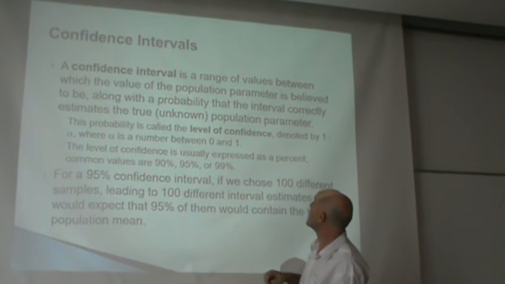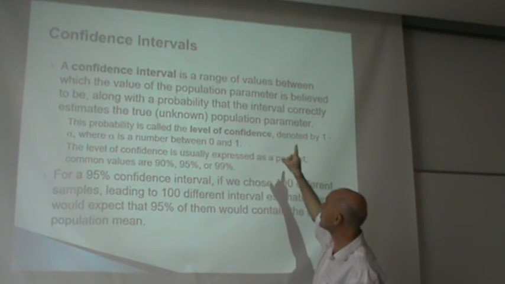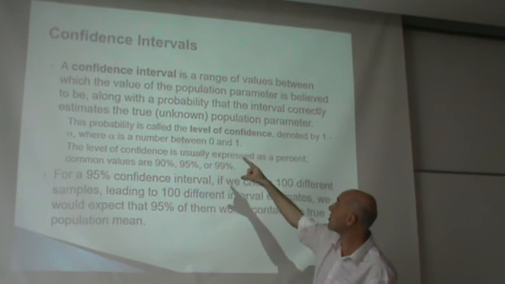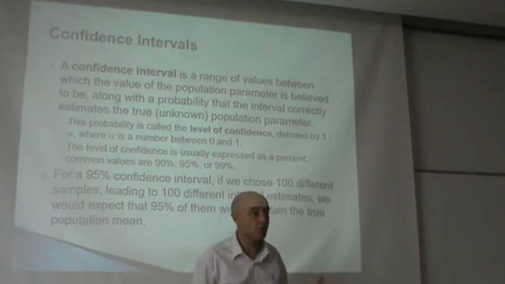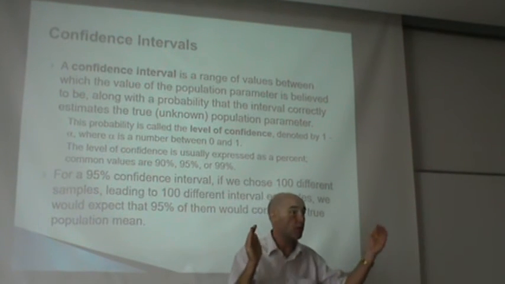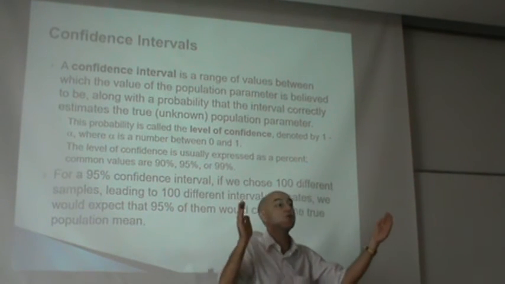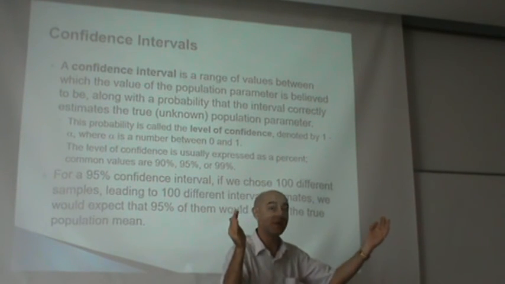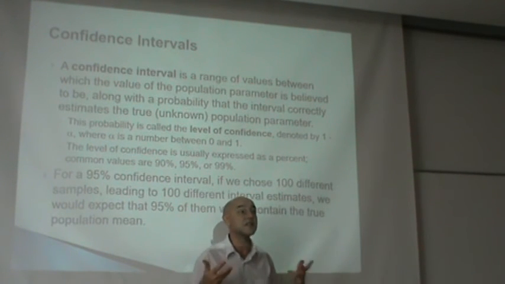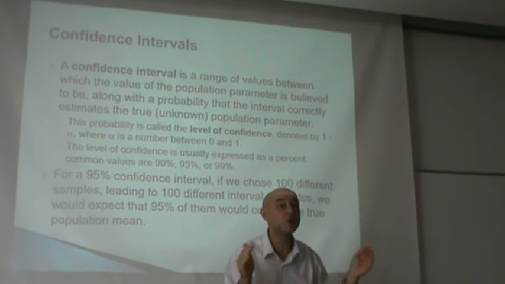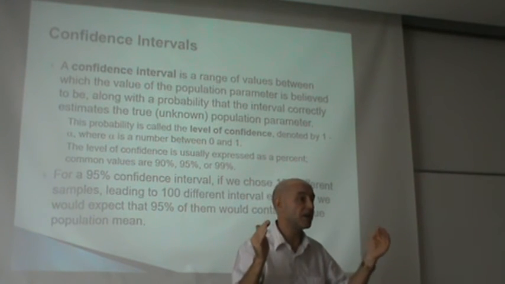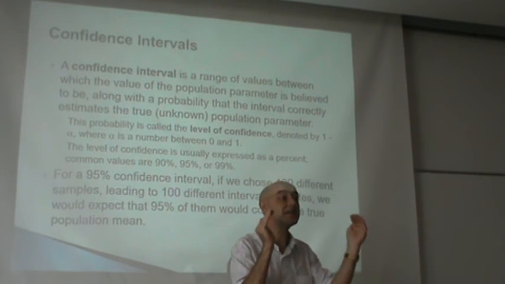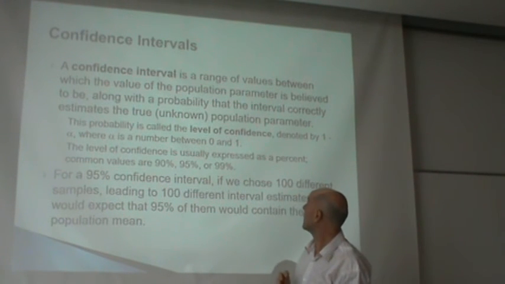And the confidence interval is actually a range of values between which the value of the population parameter is believed to be. In other words, just what we said, from 53 to 50.9%. That's your confidence interval. And to that confidence interval, you assign a probability, the probability of 68% to be inside that interval, okay?